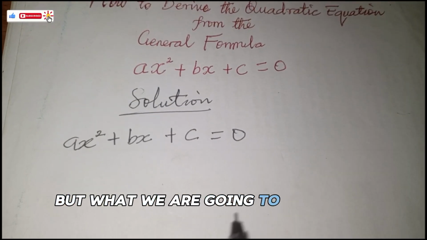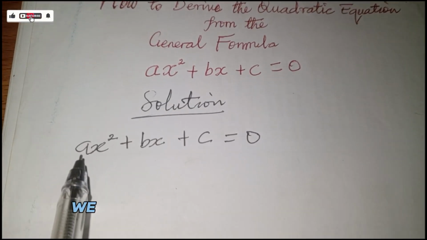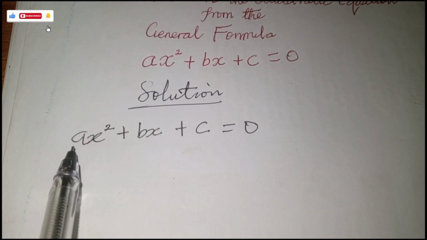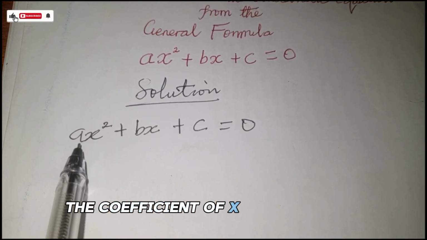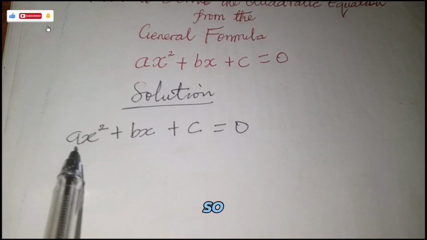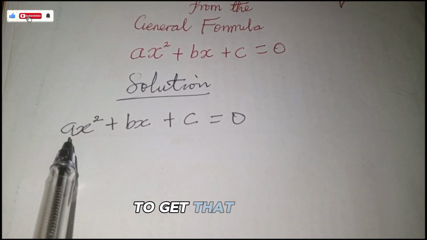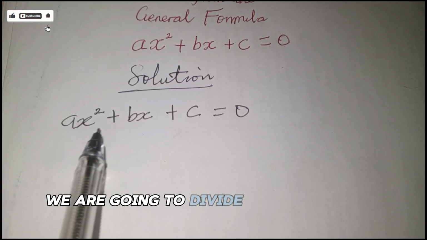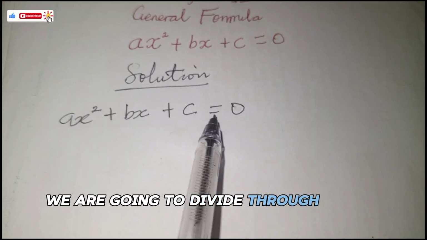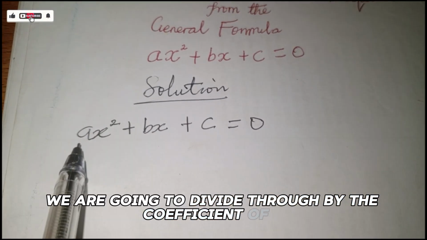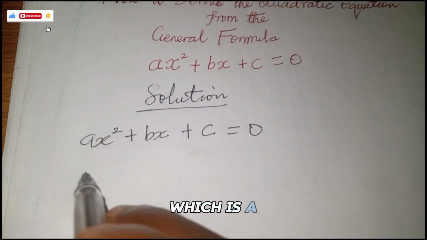But what we are going to do now is get rid of this a. The coefficient of x here must be 1, so to get that result, we divide through by the coefficient of x, which is a.